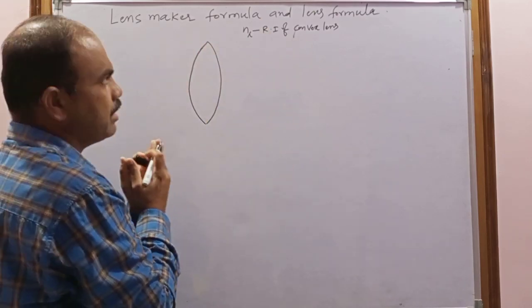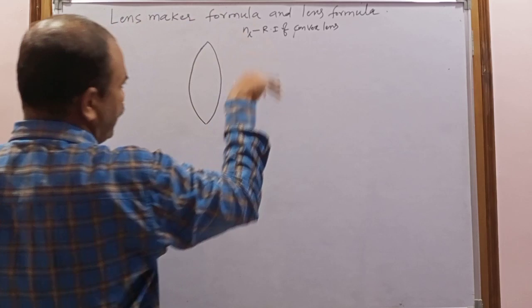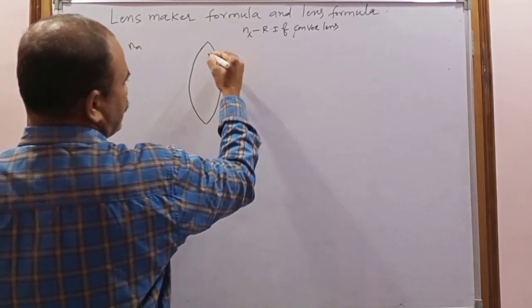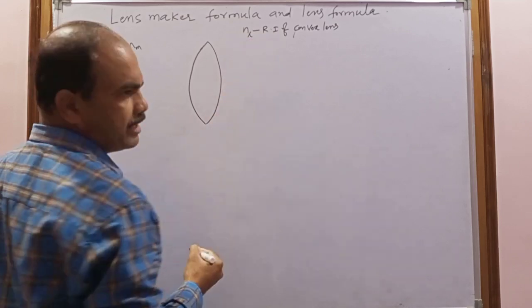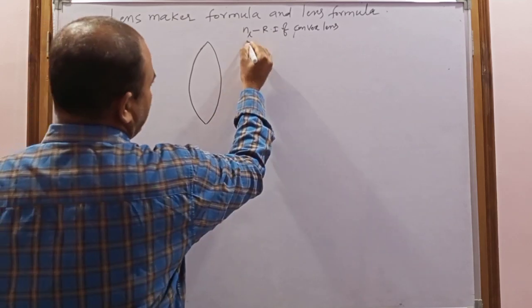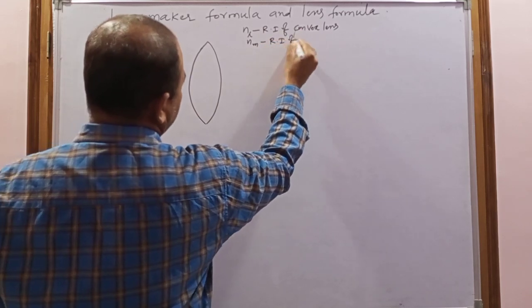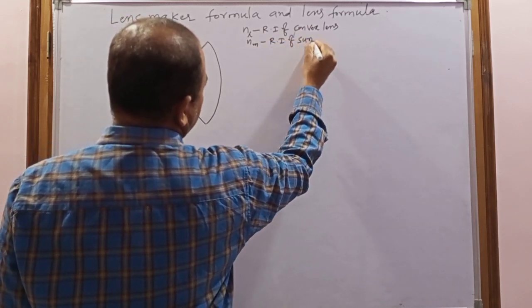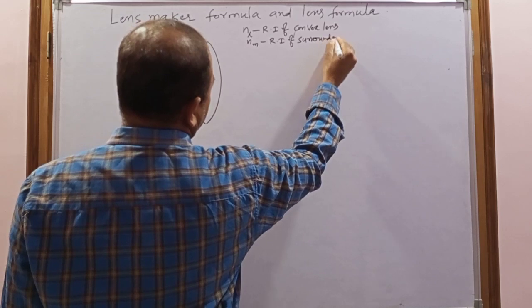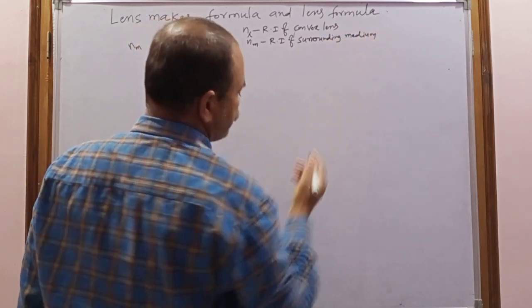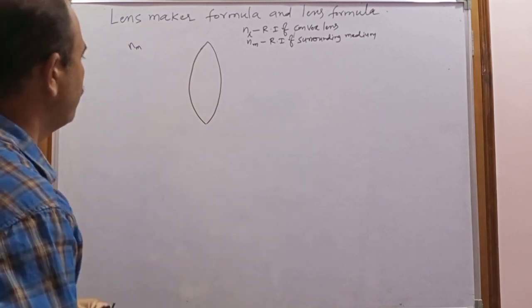That medium is called the surrounding medium. The surrounding medium refractive index will be considered n suffix m. So the lens refractive index is n suffix L and n suffix m is the refractive index of the surrounding medium.